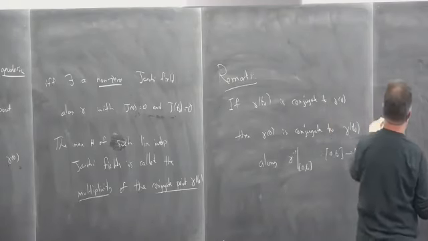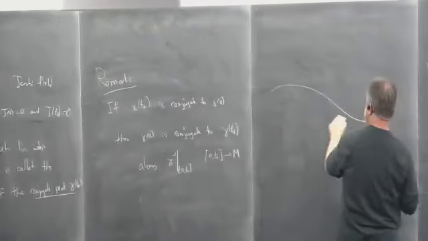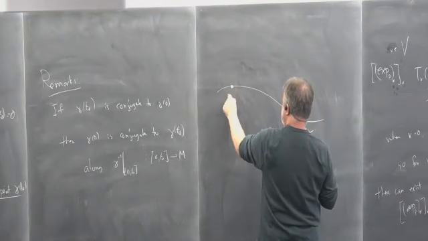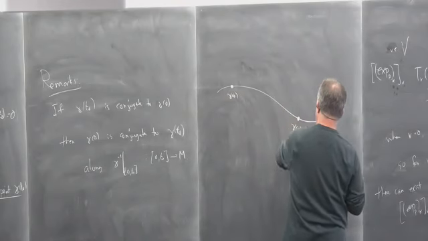So the picture, if this is gamma, here's gamma of 0, there's gamma of a.